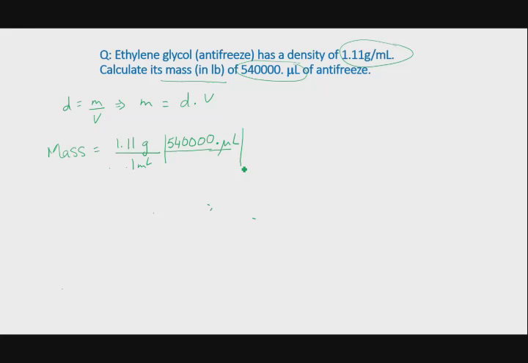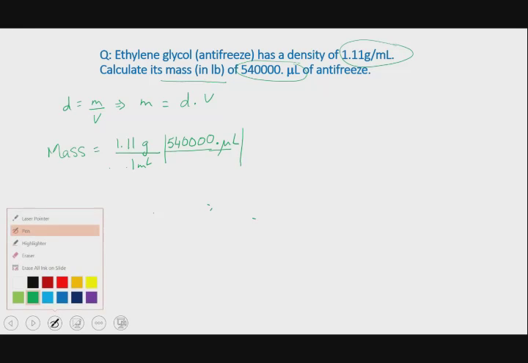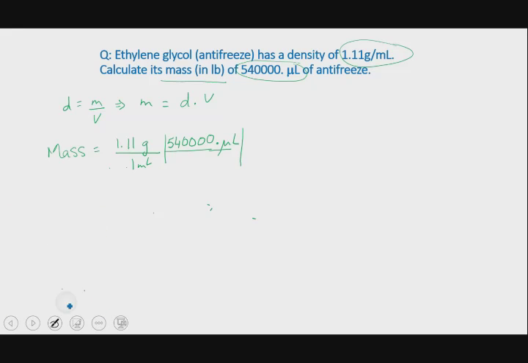Unfortunately, here the units do not match up. So we need to take care of that, and that is the crux of this problem, is unit conversion to match those. So let's convert microliters into liters. Micro is a metric prefix where 1 microliter equals 10 raised to minus 6 liters.